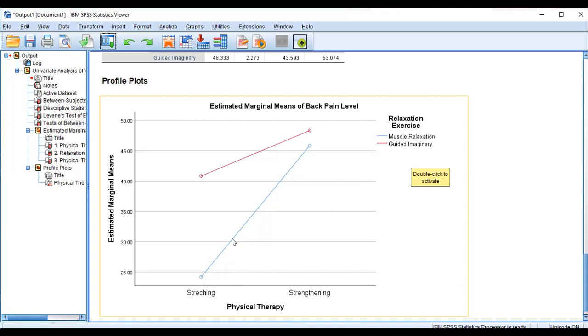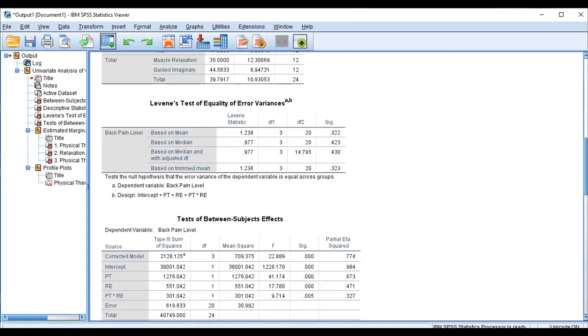You see that muscle relaxation has got a much larger range as far as how they spread between stretching and strengthening. And similarly, guided imaginary has got a lower range between the two. So we have just gone through the test, we have seen the data, and we have done the things here.